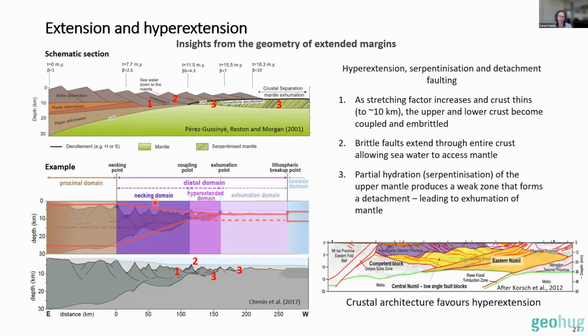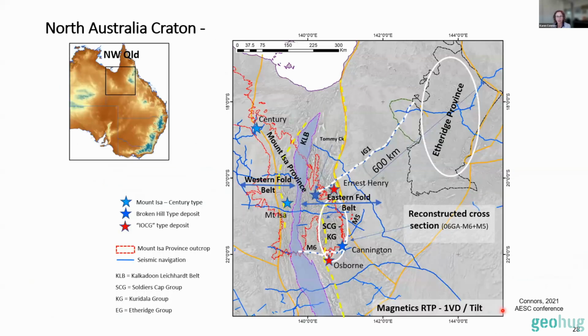So having spent 15 years almost working on the petroleum side of things with FrogTech and looking at passive margins all around the world, when I came and I looked at this seismic line especially, I was dominantly seeing, yes, there's been a lot of shortening there, but what I'm dominantly seeing are those low angle fault blocks. And that instantly had me thinking about hyperextension.